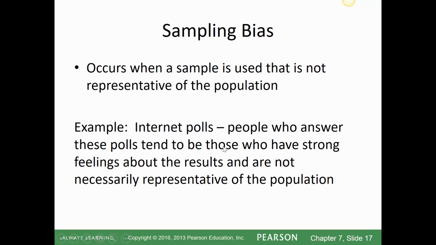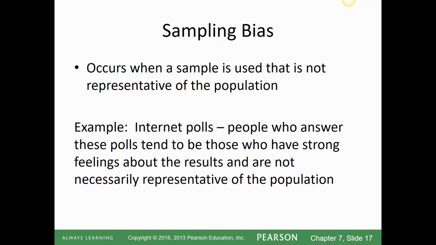Another is sampling bias. This occurs when a sample is used that is not representative of the population. An example listed here is internet polls. People who answer these polls tend to be those who have strong feelings about the results and are not necessarily representative of the population, right? You may see internet polls quite often, and if it's not about a topic that you're interested in, typically you're just going to overlook it and close it out.